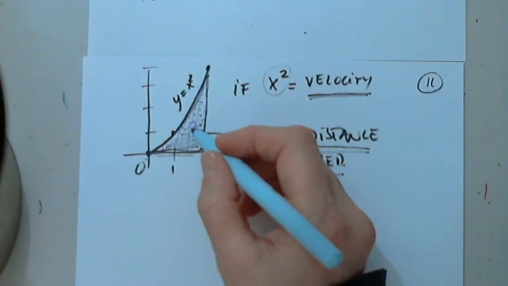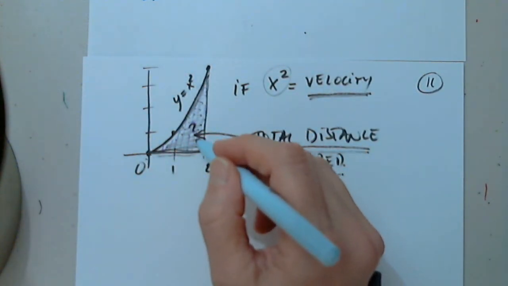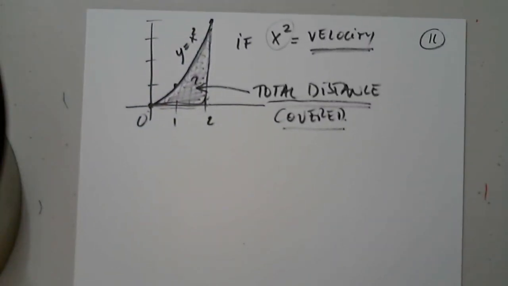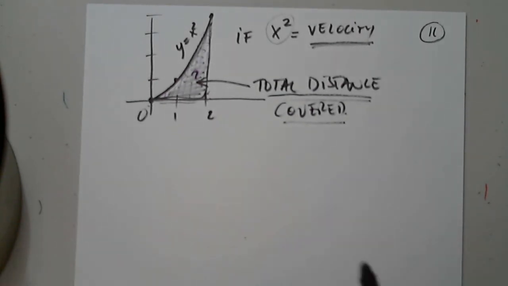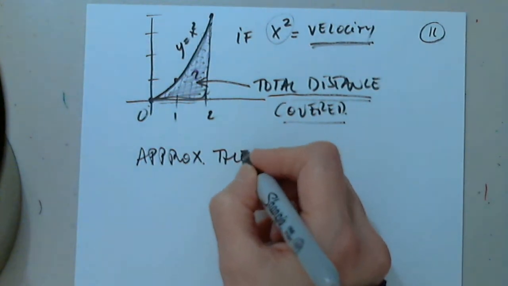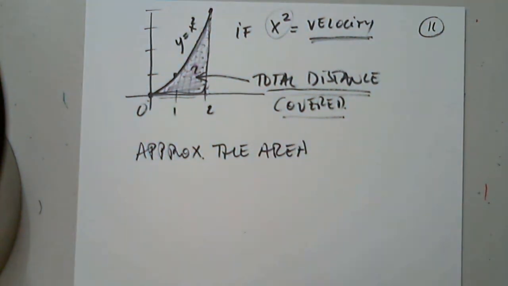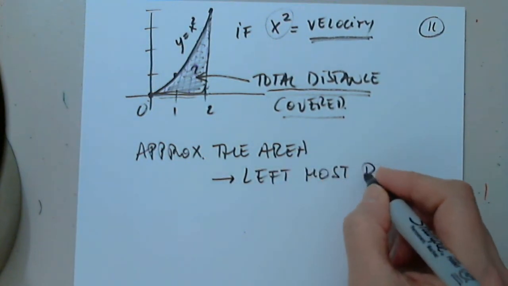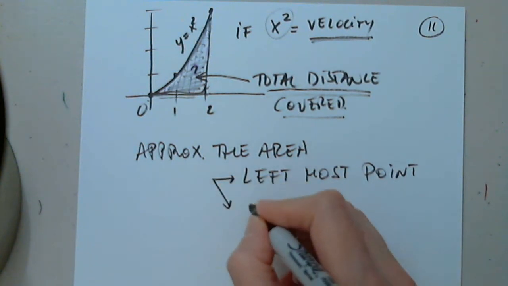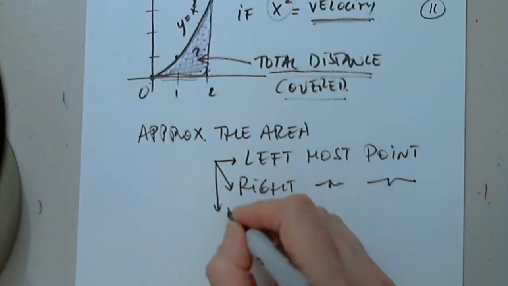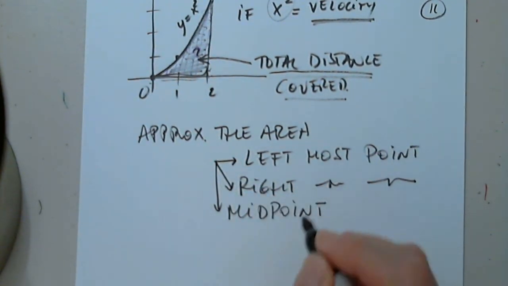So now, what are the ways of determining this area? We have several, and we're going to study three for now, but there are others in Calc 2. So again, approximate the area. We will use the so-called leftmost point. Second option, rightmost point, and midpoint.